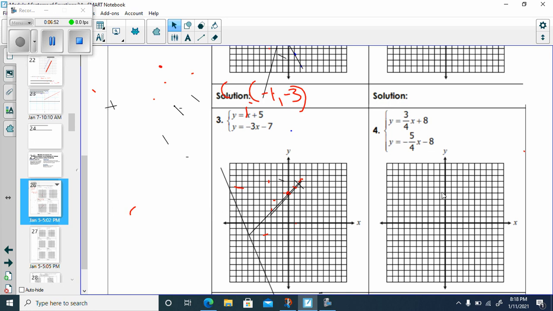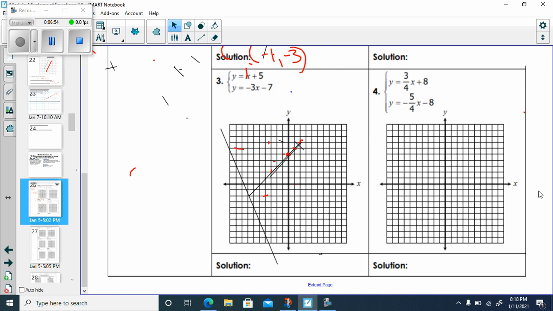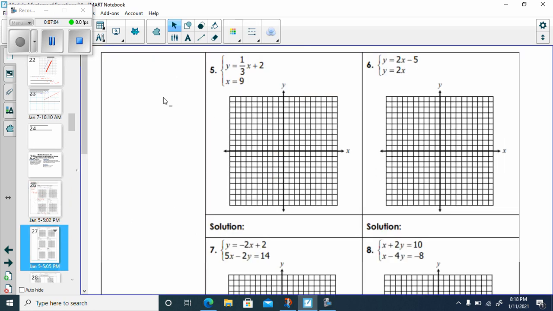Okay? Negative 7, negative 2. So your solution there would be negative 7, negative 2. Well, let's go to the next page.